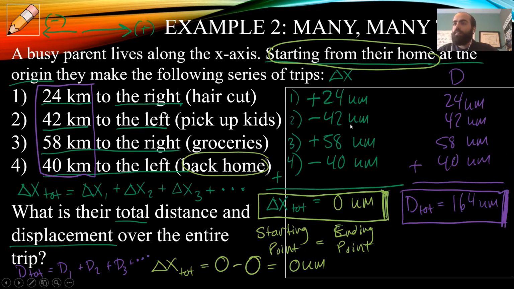So for now, this is what we want to think about in terms of doing distance and displacement problems, where we're finding the total distance and the total displacement over an entire trip that has multiple parts to it, moving from one point to another, to another, to another, and then asking what the total distance and the total displacement were. So this is an example of how you can handle those based on what we've seen so far.